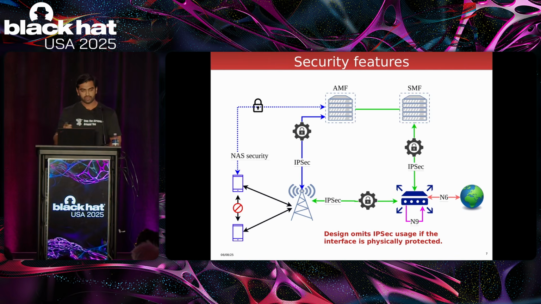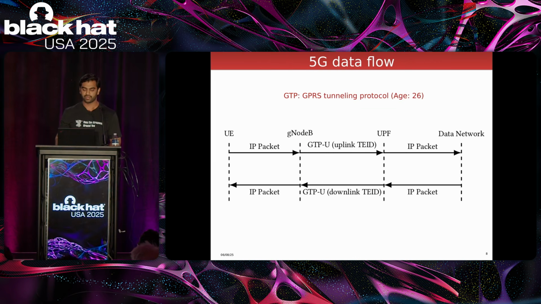But one thing to understand is that if these interfaces are physically secured, then IPsec can be omitted from the implementation. So mostly you'll find networks where internal traffic is in plain text and not using IPsec.